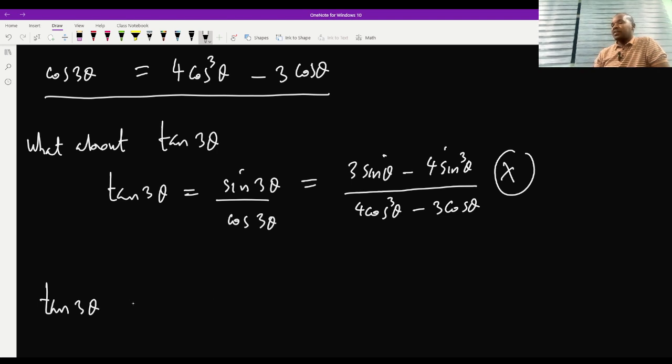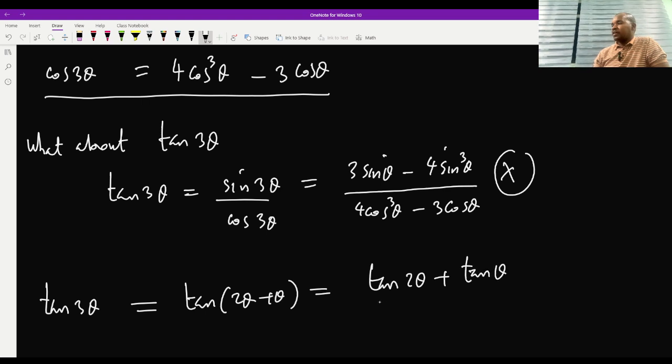It means I'll be saying that this is actually tan of 2 theta plus theta, and you'll be having tan 2 theta plus tan theta divided by 1 minus tan 2 theta tan theta.